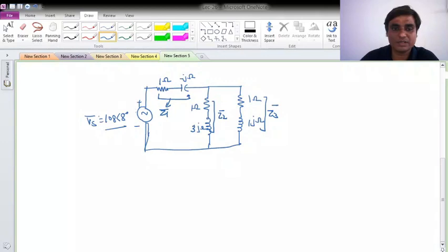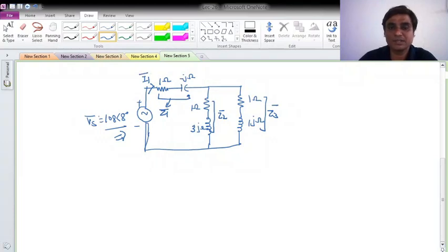Once I know how much power the supply voltage delivers, that has to be equal to the sum of the power absorbed by all the impedances, right? In order to compute that, I should know the voltage across Z1, Z2, Z3, or the currents. So first let me calculate the I1 phasor.